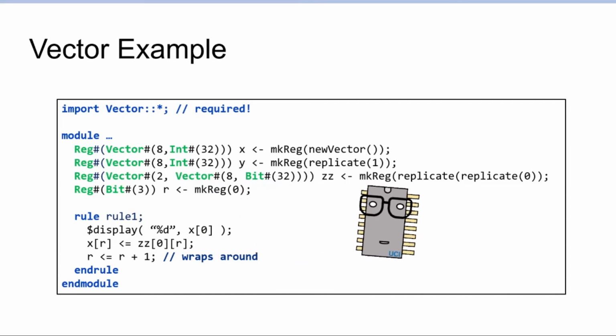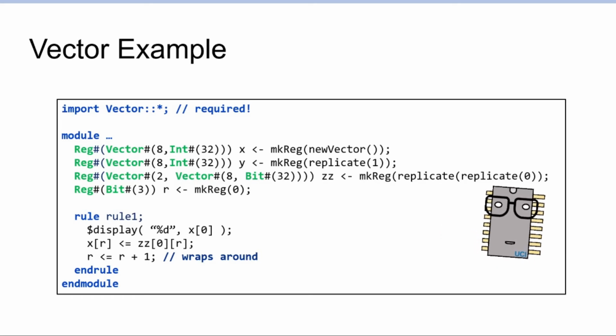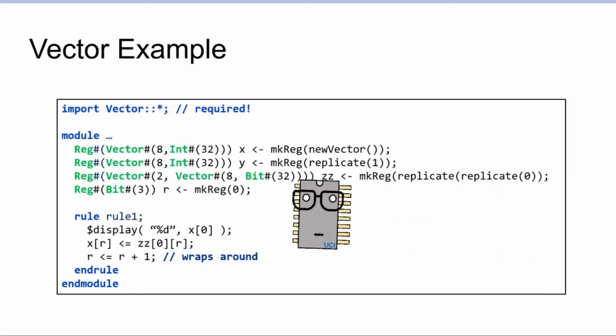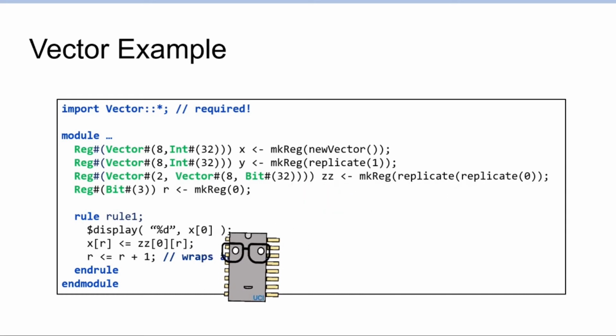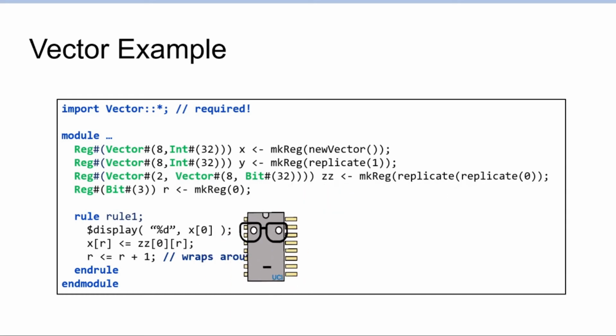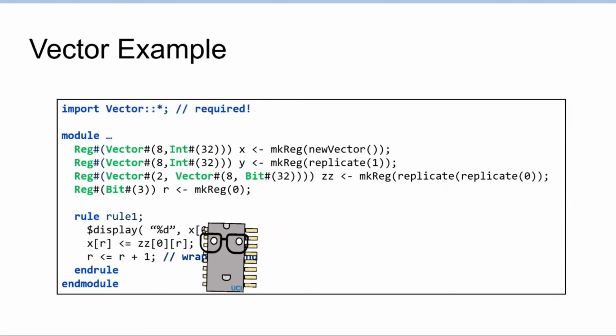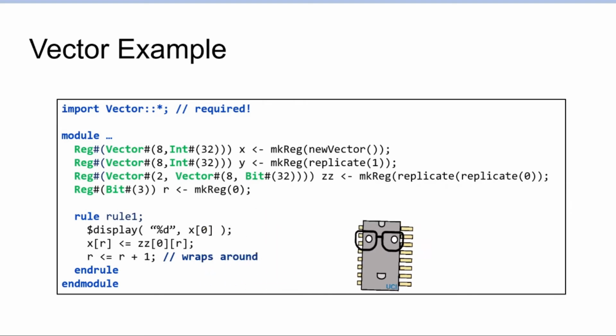And in this register, I can use replicate of 0 to fill all the slots with 0. I mean, this is one way I can do this. And I can use it with regular vector notations, regular array notations you've seen in most other languages. I can do all this stuff, 2-dimension, 1-dimension, so on and so on.